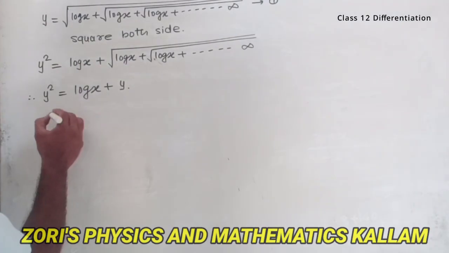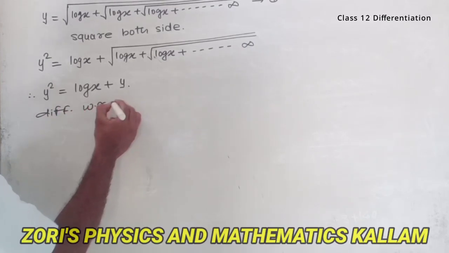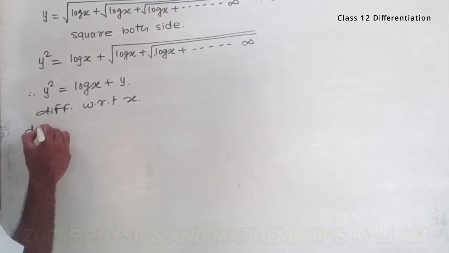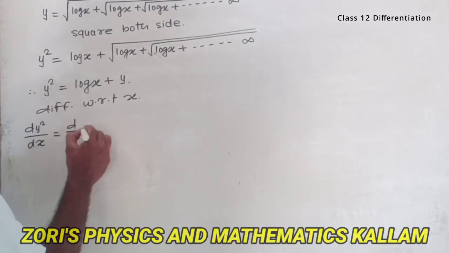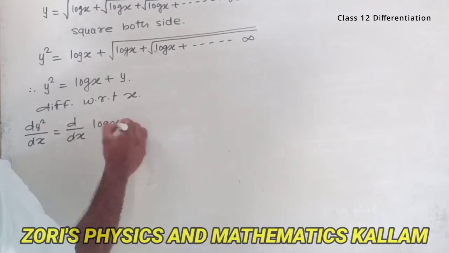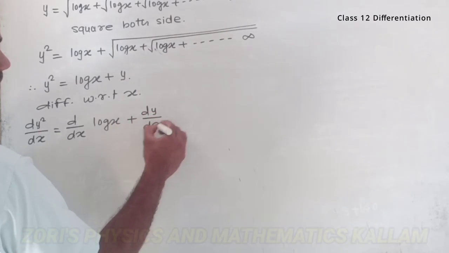Now differentiate with respect to x. So d of y square upon dx is equal to d by dx of log x plus dy upon dx.